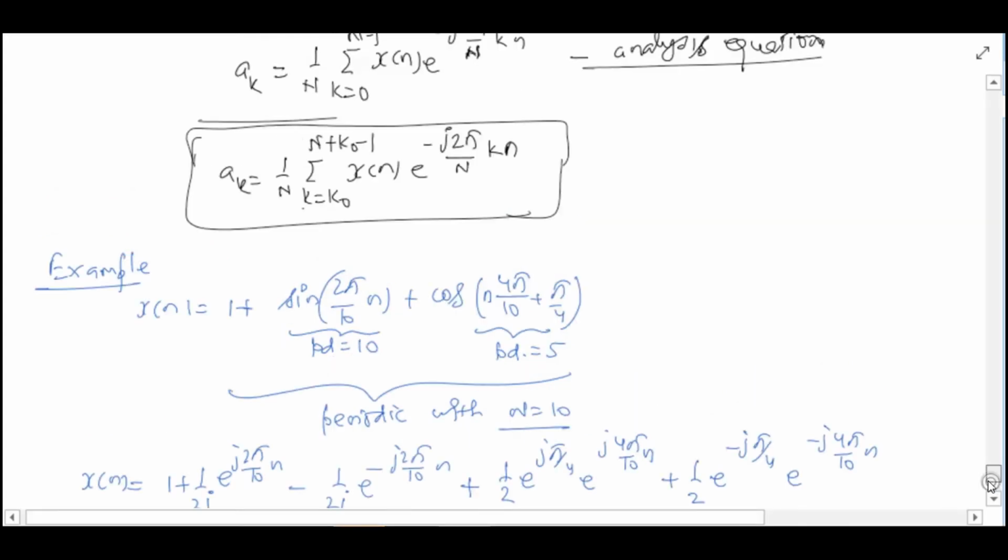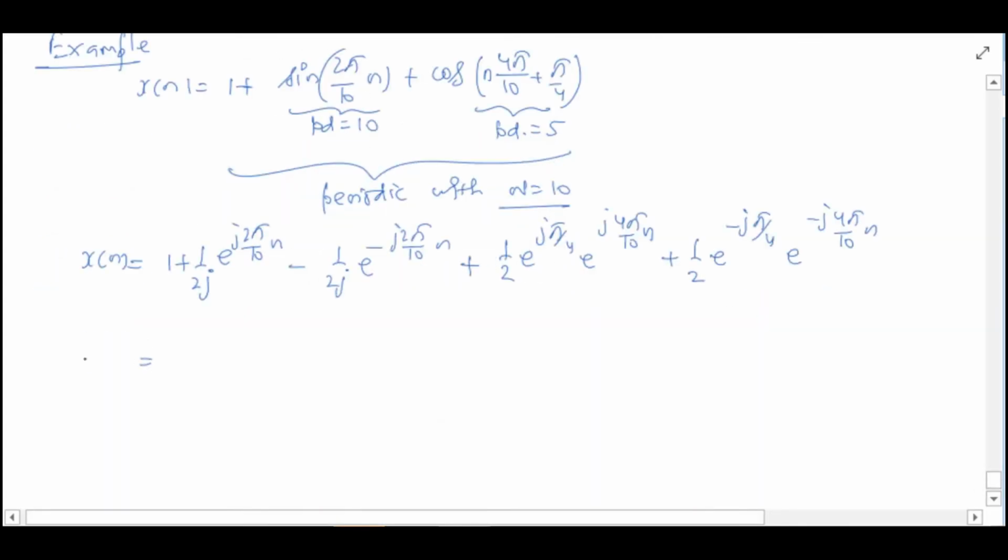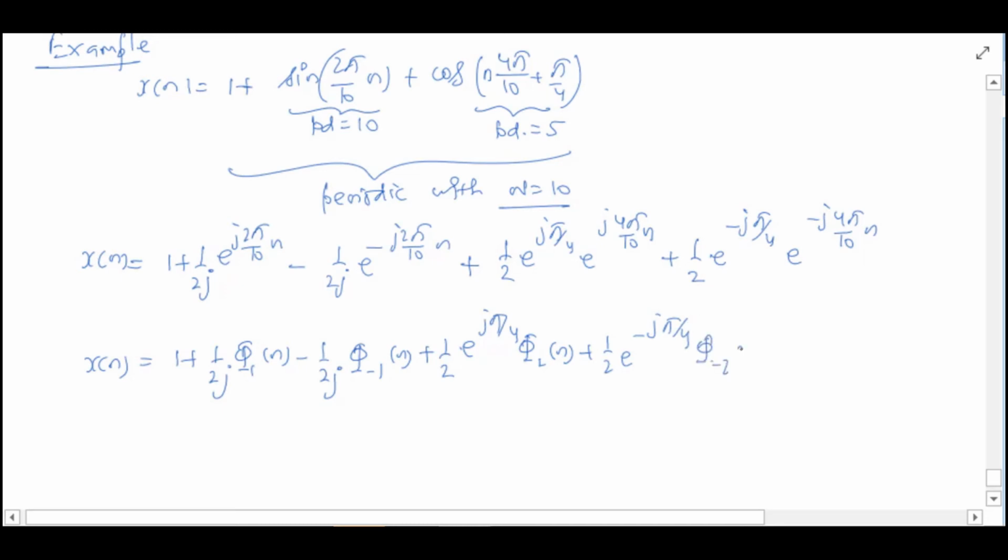So in this special case we see that x[n] is equal to 1 plus 1 over 2j phi 1 of n minus 1 over 2j phi minus 1 of n plus half e raised to j pi by 4 phi 2 of n plus half e raised to minus j pi by 4 phi minus 2 of n.